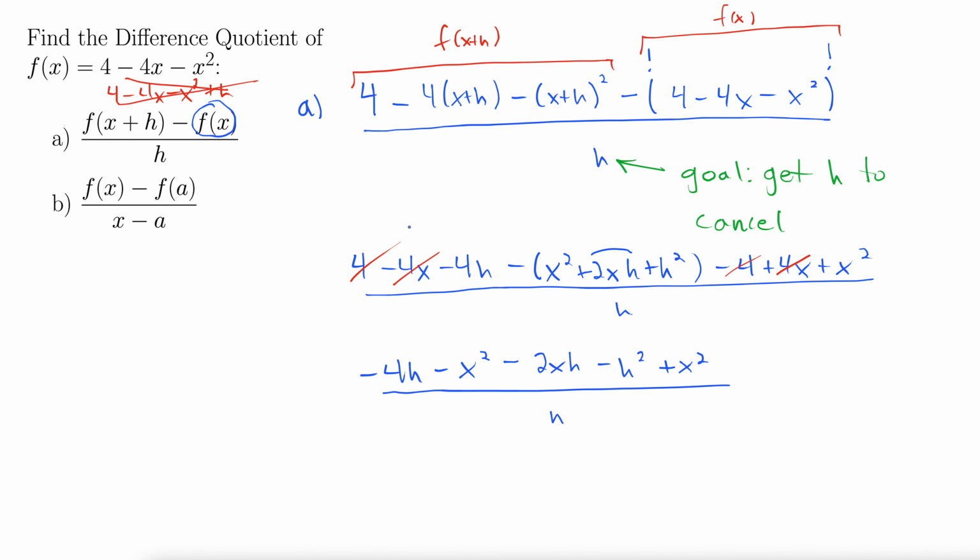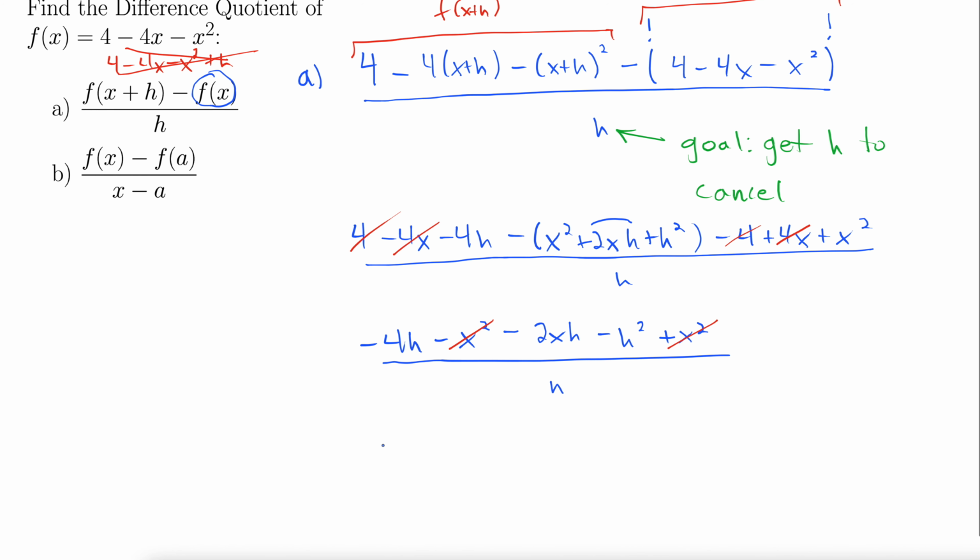Okay, even more cancellation here. We get these x squareds to cancel. Okay, and now we're getting somewhere, right? You can start to see here we have minus 4h minus 2xh minus h squared all over h.